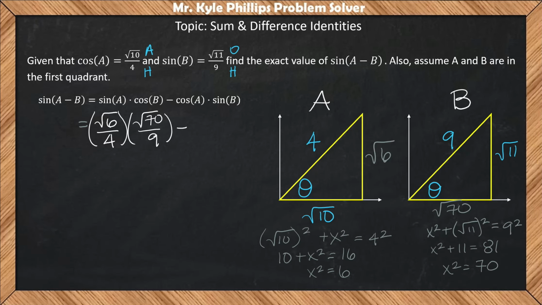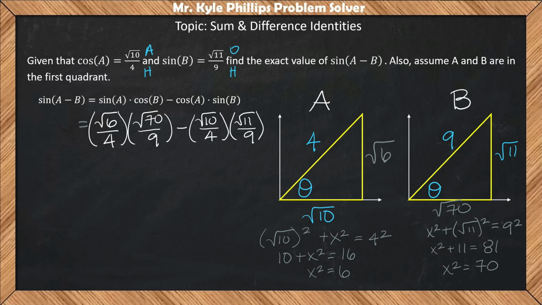Minus the cosine of A, which they gave us in the problem, so this is root 10 over 4, times sine of B, which was given to us in the problem, that is root 11 over 9.